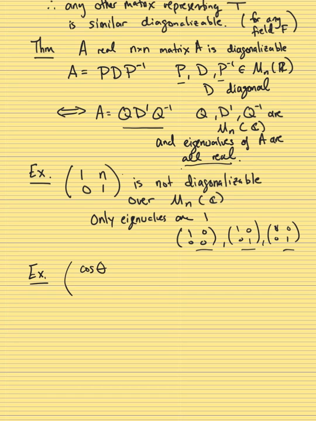So we have cosine theta, sine theta, minus sine theta, cosine theta. Okay, so computing the characteristic polynomial, the determinant of A minus lambda I, will give you that the eigenvalues are just e to the i theta, or plus or minus.